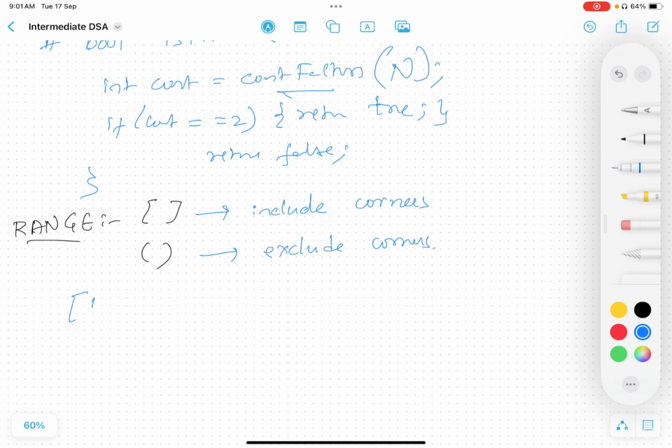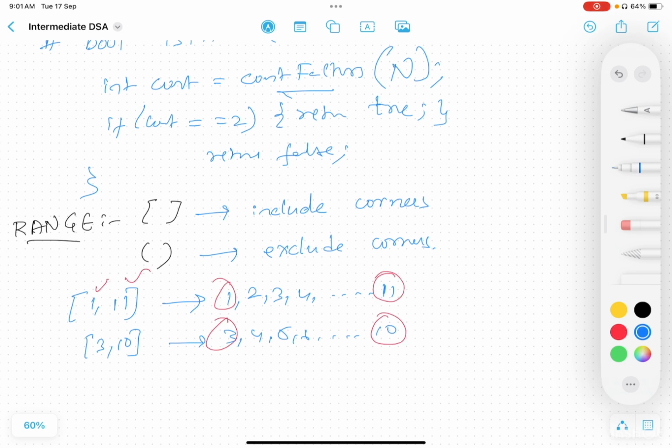If I write something like square brackets of 1 to 11, that means 1 2 3 4 dash dash dash 11. If I write something like 3 to 10, which means 3 4 5 6 dash dash dash 10. If you see, 1 is included, 11 is included, 3 is included, 10 is included.